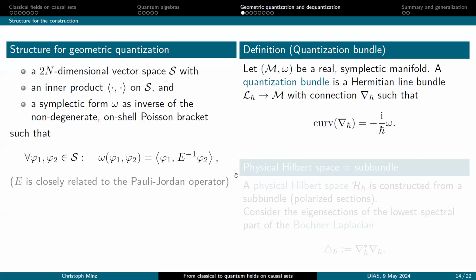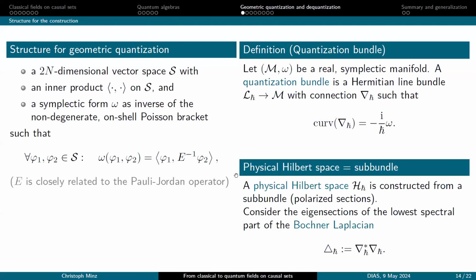Essentially, it's just the Pauli-Jordan operator on the solution space, where we can take this inverse here. That's what you mean by it? Yeah, it's a Poisson bracket on a larger space, and the quotient is there. Yes, exactly, so we take a quotient. So this is what is meant by being related to this.